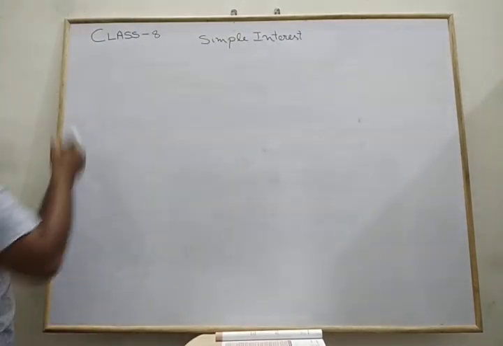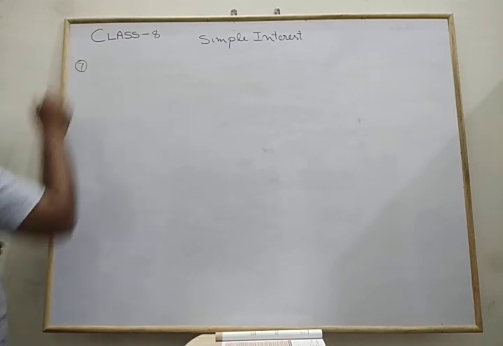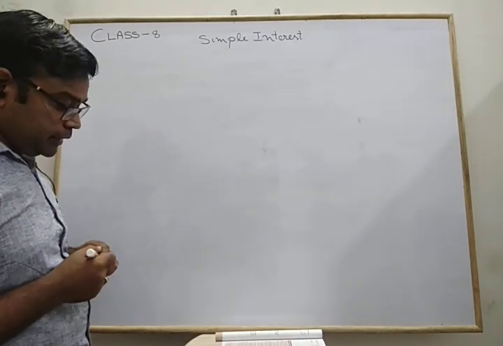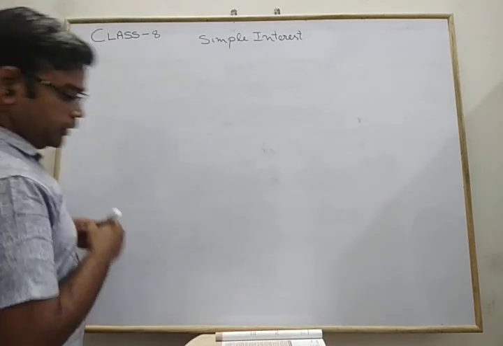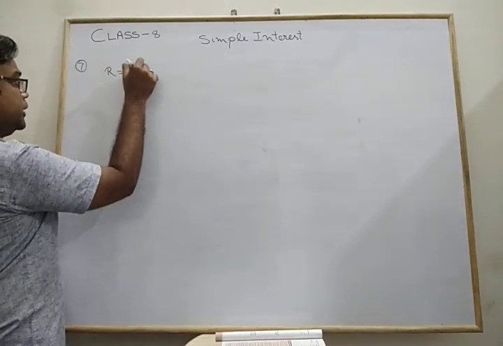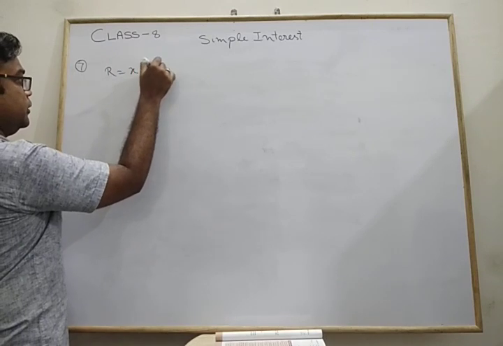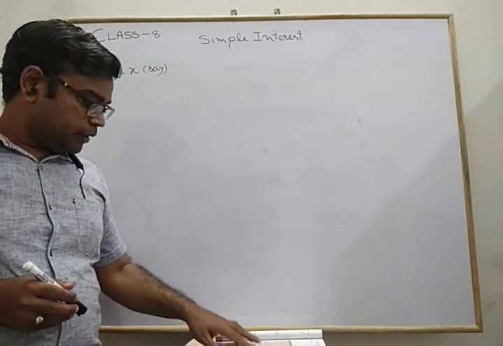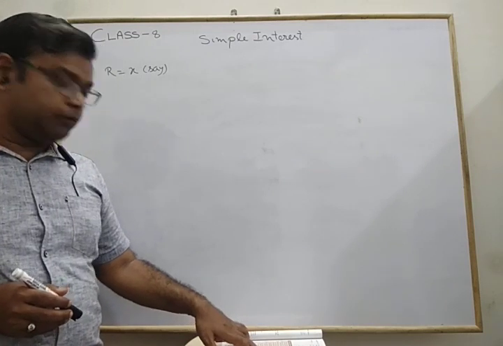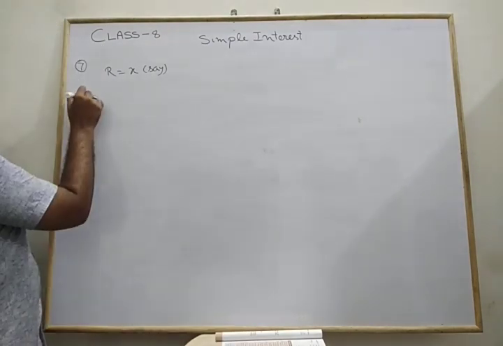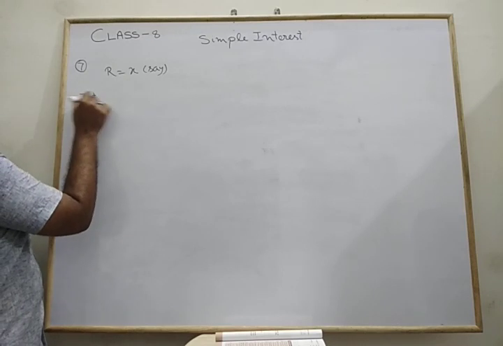That's why I have used question 7 to solve. They are different principals, but rate is not given. So let the rate equal x. Now 400 for 2 years. These are different conditions. I am adding the first condition.